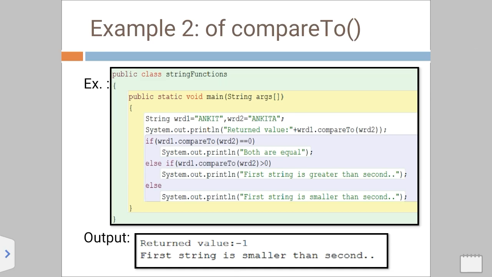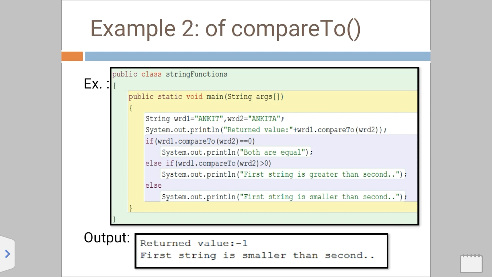The next example of compareTo I'm taking. If I had written Ankit and Ankita, the first string contains 5 letters, and the other string contains 6 letters. The first 5 are similar to the next string. See, if I am writing compareTo, sometimes in papers this kind of thing occurs. They are asking for the output value.